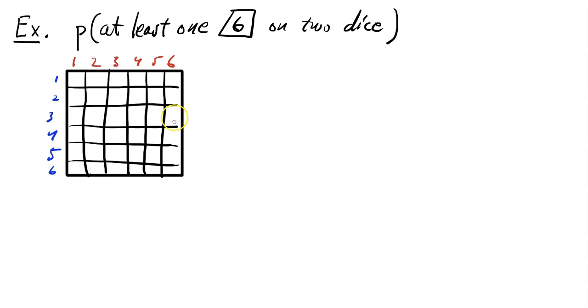Which of these corresponds to getting at least 1 six? It is this here. So these squares mean that we have gotten at least 1 six. Here we have got the 1 six, and in this square we got the 2 six, and here we got the 1 six. And each of these is equally likely. So we can just calculate what the probability is.